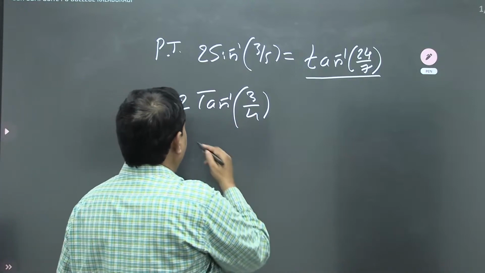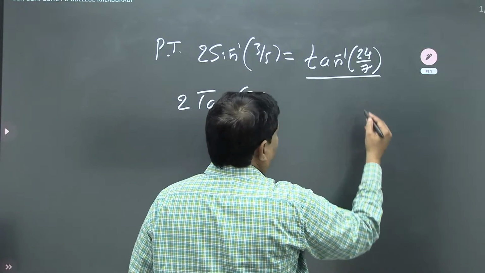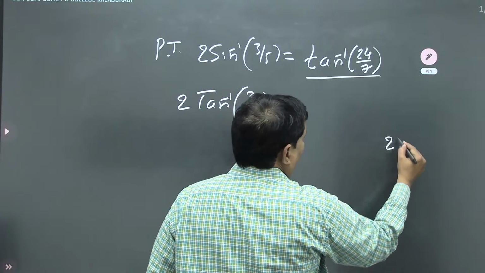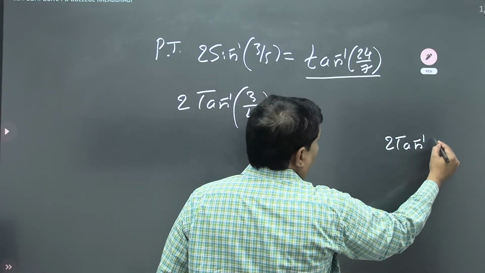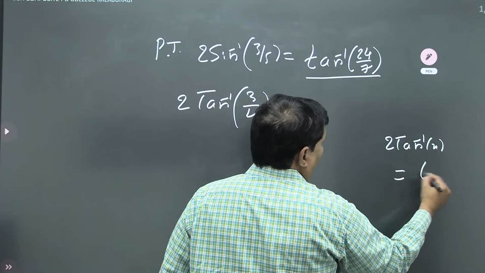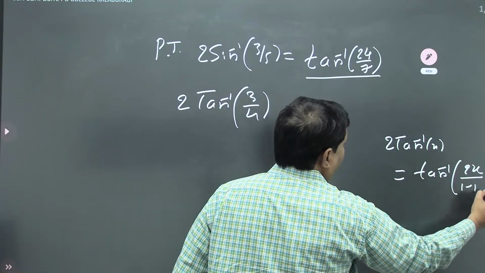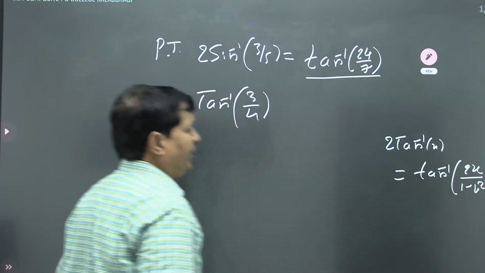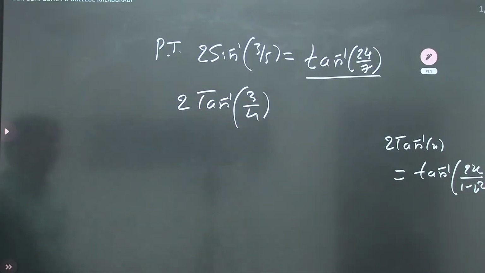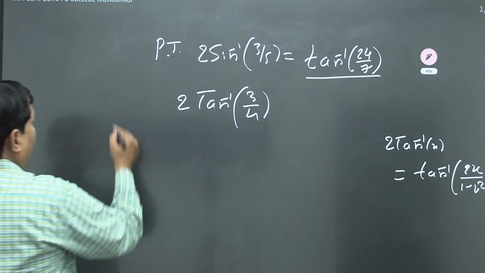Is there any relation connecting 2 tan inverse of x with a single tan inverse? As you know, 2 tan inverse of x equals tan inverse of 2x by (1 minus x square). Already we proved this. 2 tan inverse of x can be written as tan inverse of 2x by (1 minus x square).